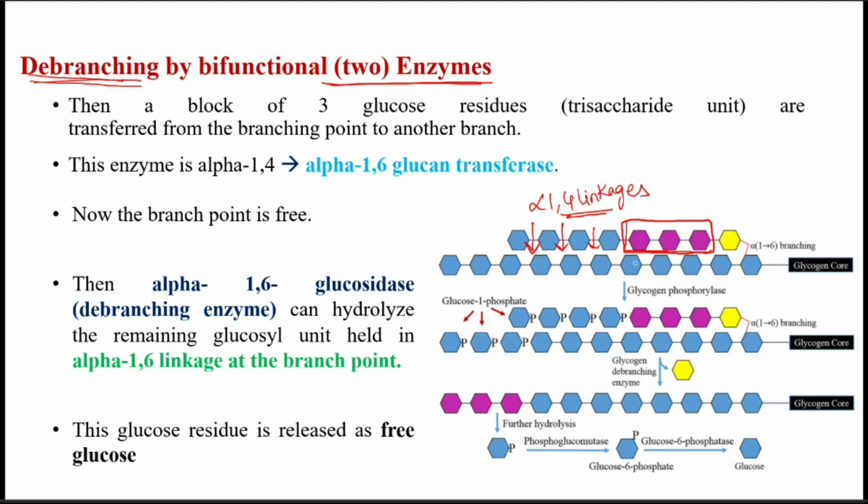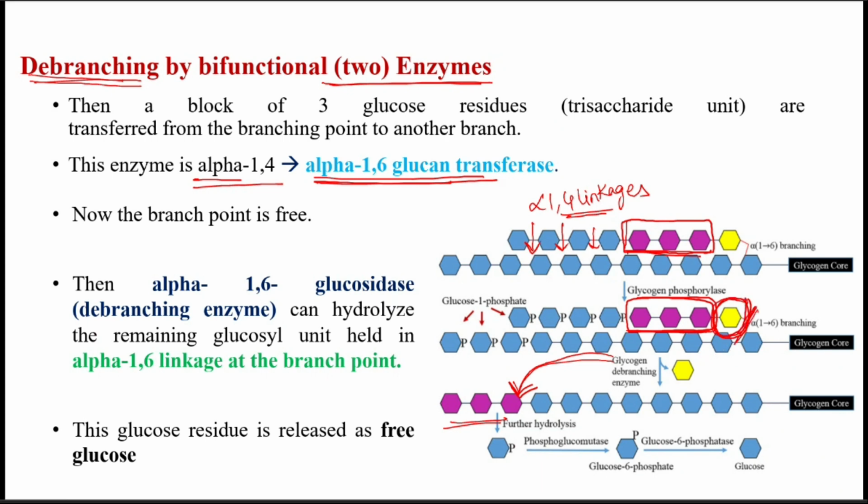When it reaches this point, the trisaccharide unit is transferred to the straight chain with the help of an enzyme called alpha 1,4 to 1,6 glucan transferase. After this transfer, the branch point is free.